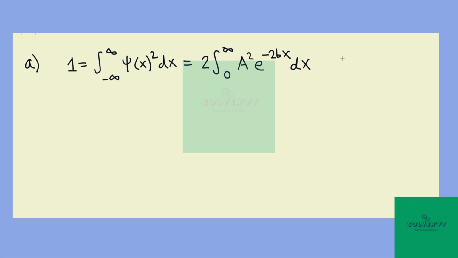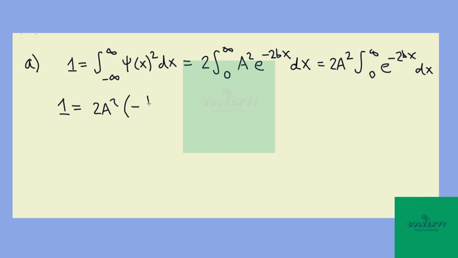It's just a decaying exponential, so it's relatively straightforward. 2 big A squared times the integral of a simple decaying exponential. Doing that integral, we rewrite this equation: we have 2 big A squared multiplied by negative 1 over 2b e to the negative 2bx, evaluated from infinity to 0.